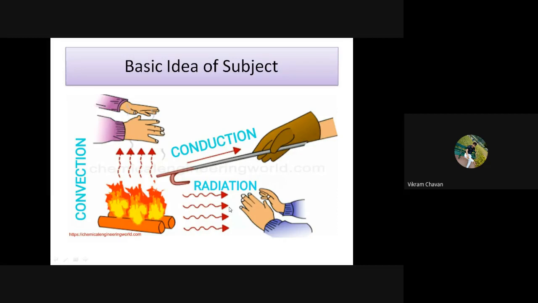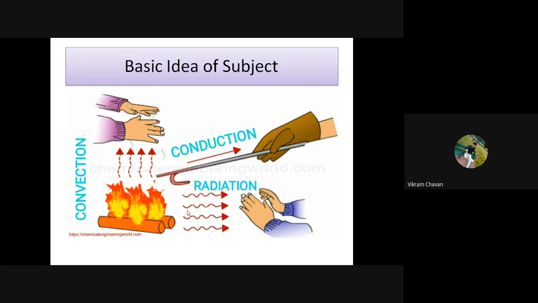You are sitting somewhat away from the fire, and still you are feeling the heat. Now we can say that there is less medium if you are sitting away from the fire, but then also that person feels the heat.